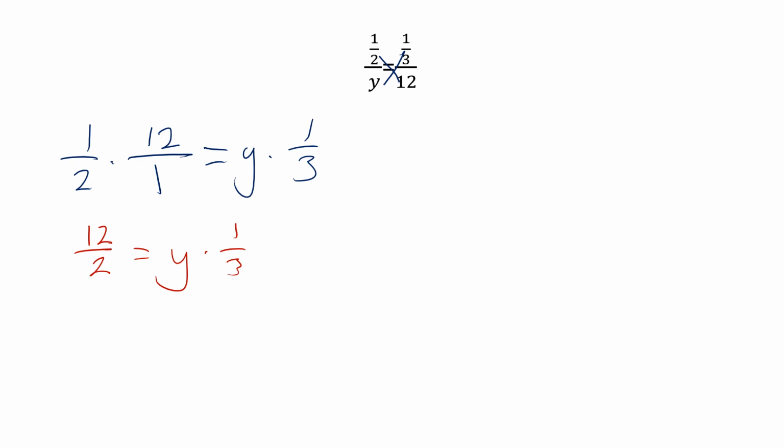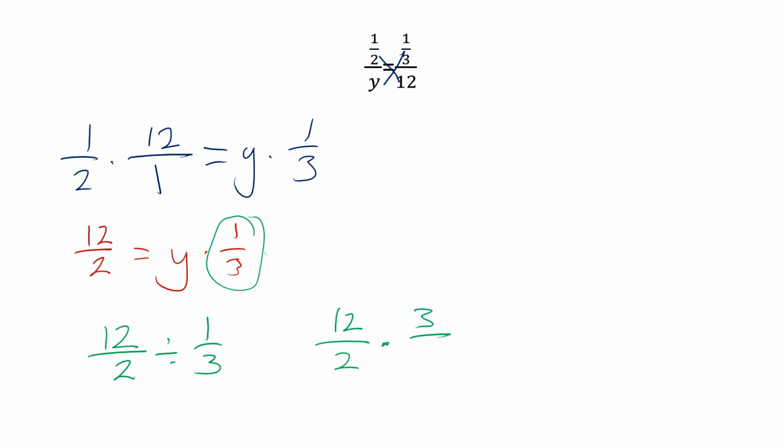And then after that, our next step is to divide. Remember, divide by the number that's multiplied to the variable. So here we'll have 12 over 2 divided by 1 over 3. And this is our copy dot flop. 12 over 2 times, flop our second fraction on its head and get 3 over 1. 12 times 3 is 36. 2 times 1 is 2.